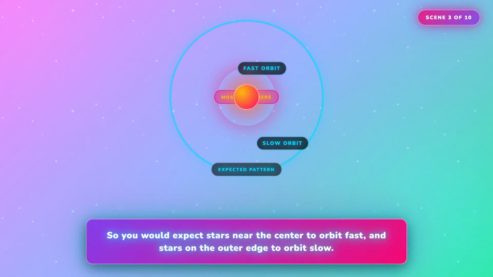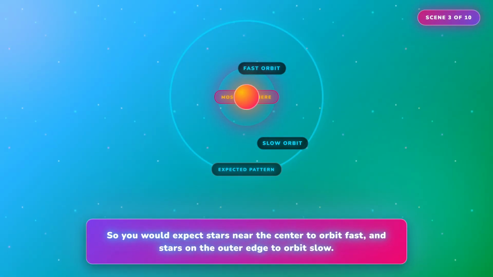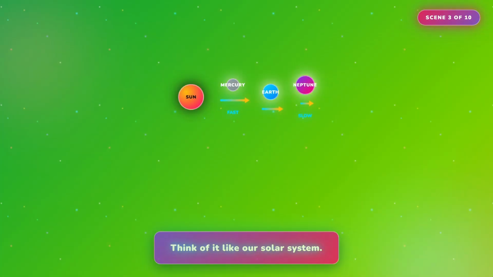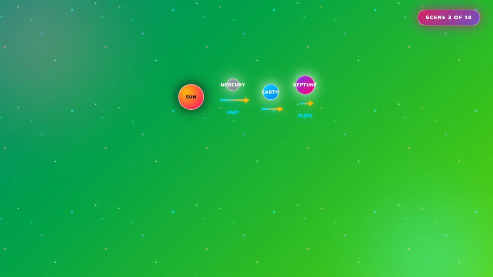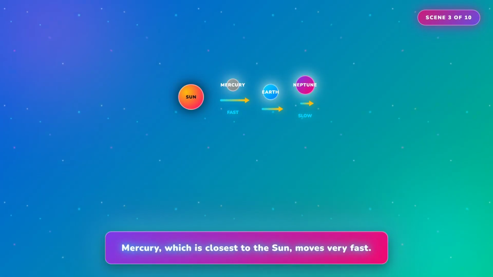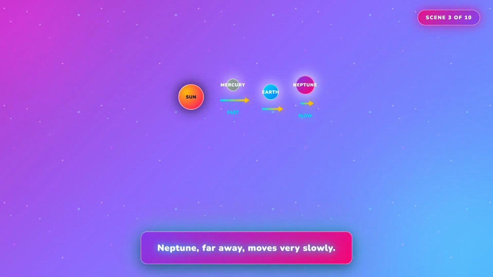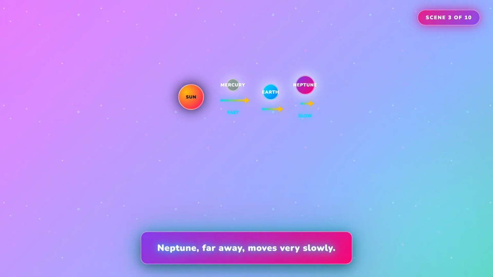So you would expect stars near the center to orbit fast, and stars on the outer edge to orbit slow. Think of it like our solar system. Mercury, which is closest to the Sun, moves very fast. Neptune, far away, moves very slowly. This is exactly what gravity predicts.